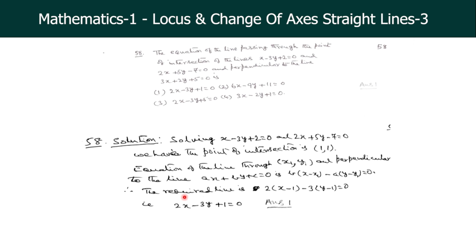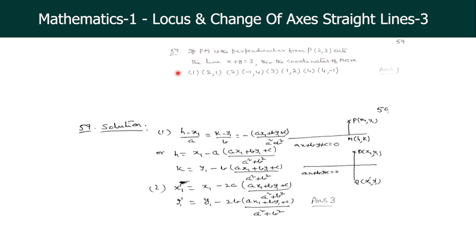So, therefore, the required equation is 2(x - x1) - 3(y - y1) = 0. So, therefore, that is 2x - 3y + 1 = 0. Answer number 1. Option number 1. Next, 59.